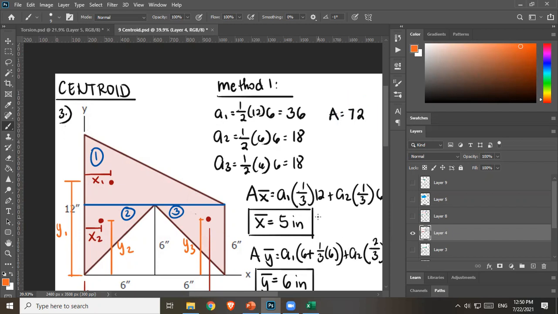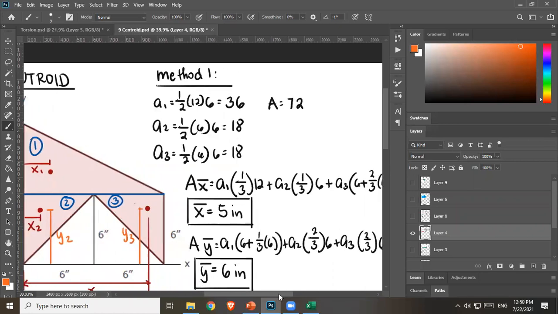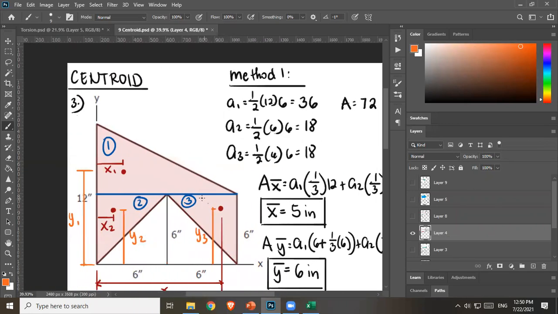Okay, now that's done. Let's use our equation: A x bar equals summation of A x. So let's start with A1. Again, x is the distance from the y-axis. So this is the approximate centroid of the first triangle, and this is what we need. This is the length from the higher end, right? Therefore, that's 1/3 length, and this is your length.